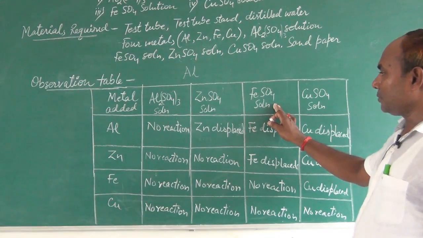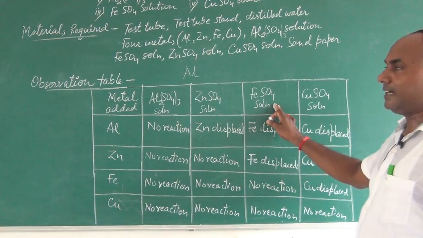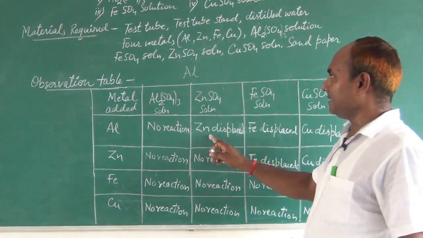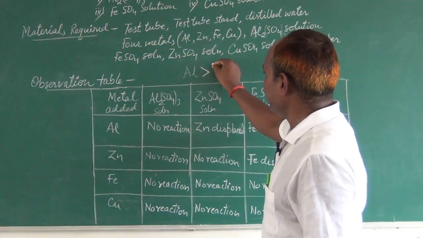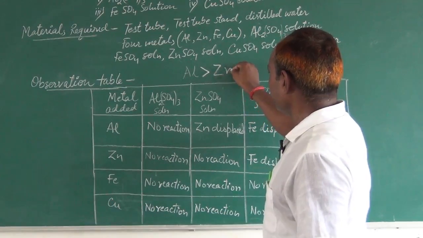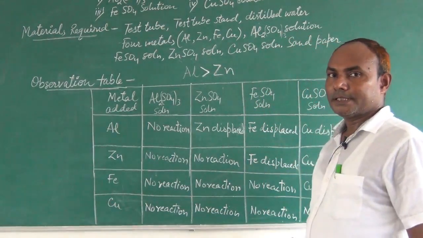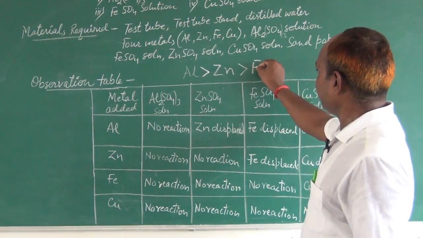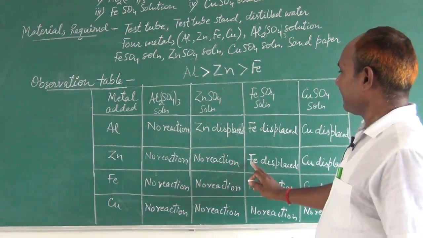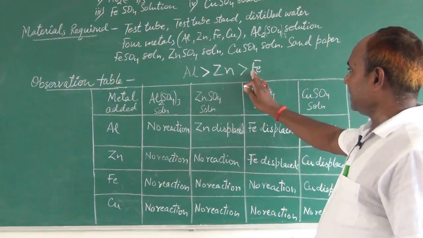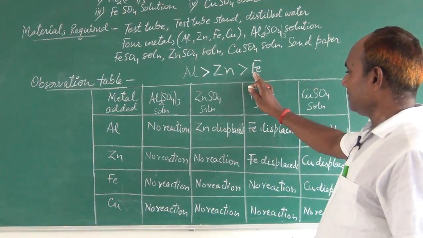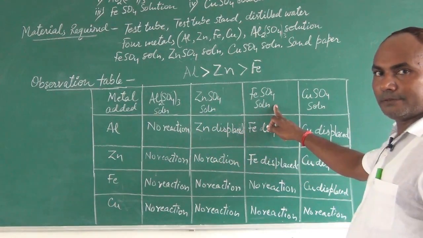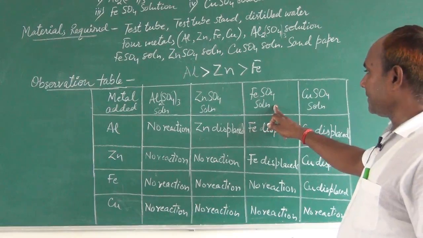It means zinc metal is more reactive than iron but less reactive than aluminum. तो हम इसको लिखेंगे: aluminium is more reactive than zinc and zinc is more reactive than iron. Is it clear here? Zinc is more reactive than iron because zinc displaces iron from iron sulfate solution. Is it clear? Okay, students.